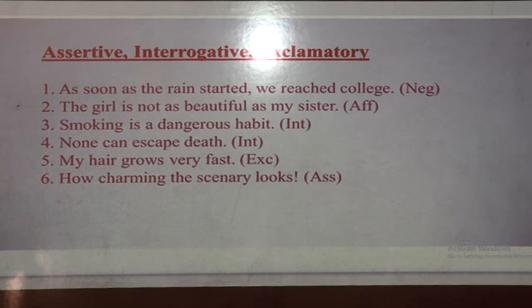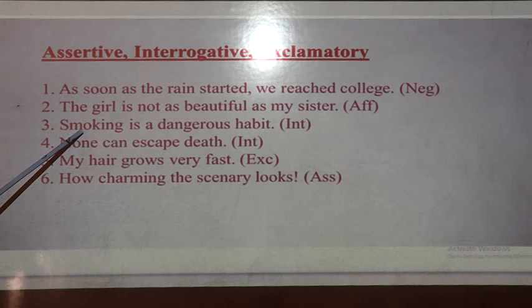It is affirmative sentence. Number 3, smoking is a dangerous habit. It is affirmative sentence, assertive sentence. We will have to make it interrogative. In case of interrogative sentence, we have to use the auxiliary verb or verb form before the noun or subject.